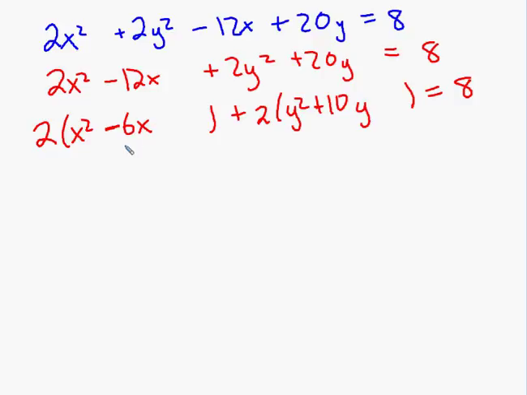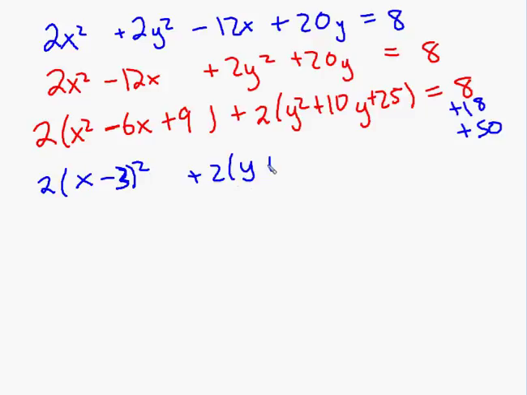All right, so half of b, I'm going to do this in my head. So half of 6 is 3 squared is plus 9. And half of 10 is 5 squared is plus 25. Now, what do I need to add to the right-hand side? Plus 18 and plus 50. Good. So I have 2. I'm going to go ahead and factor this. So 2 times x minus 3 squared plus 2 times y plus 5 squared equals, and I add all that together.